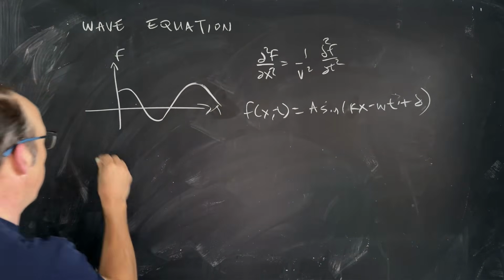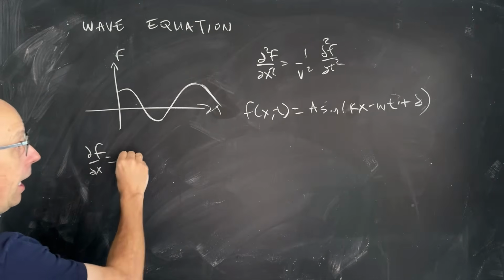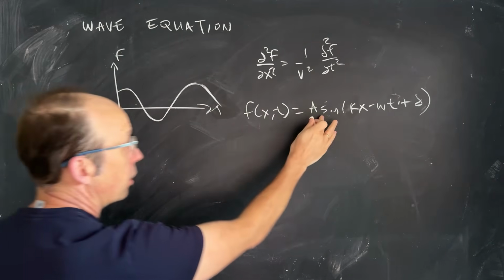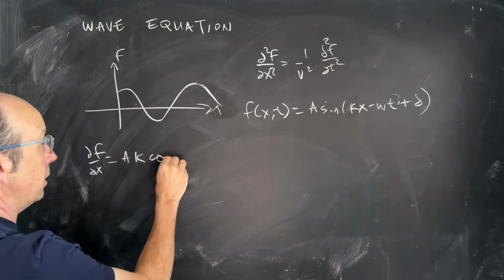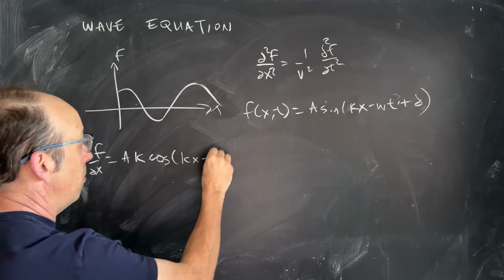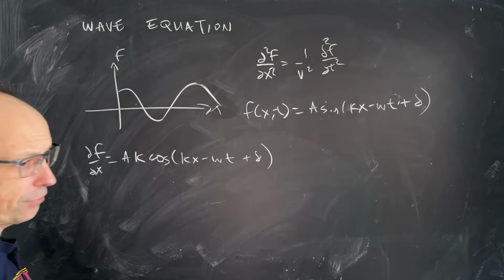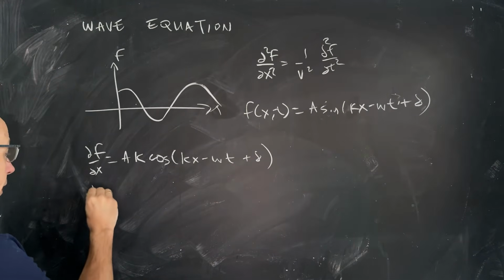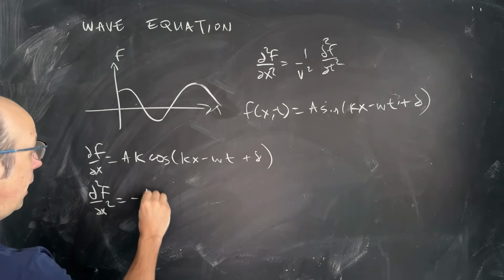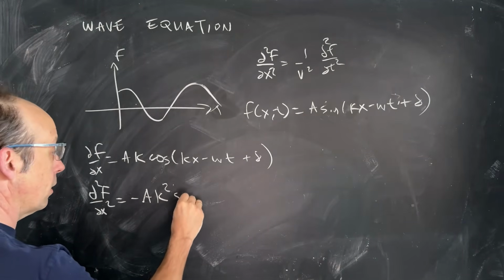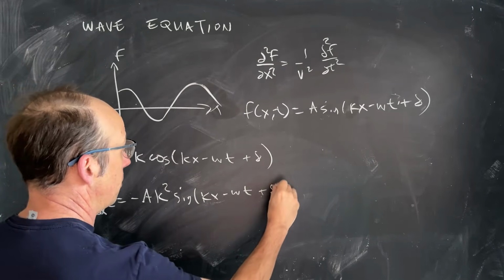I'm going to take the derivative of this with respect to x, and I get a times cosine times the derivative of this, so I'm going to get a k, and then I get cosine of kx minus omega t plus delta. Right, the other stuff, it's a partial derivative, so the other stuff didn't change. Now I take the second partial derivative of f with respect to x, and I get negative a k squared sine of kx minus omega t plus delta.